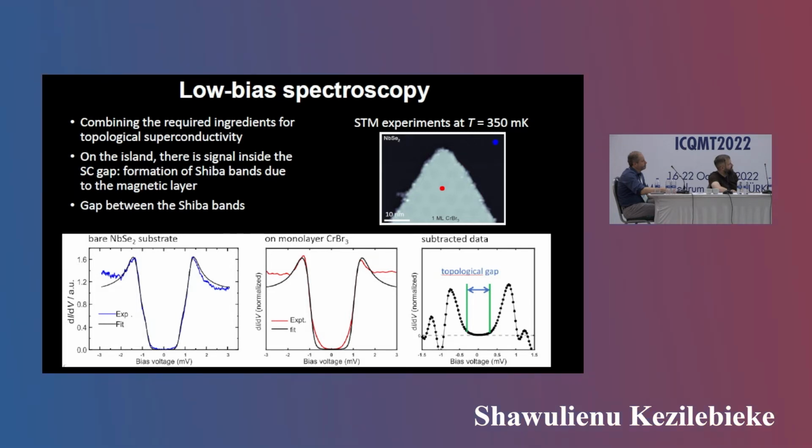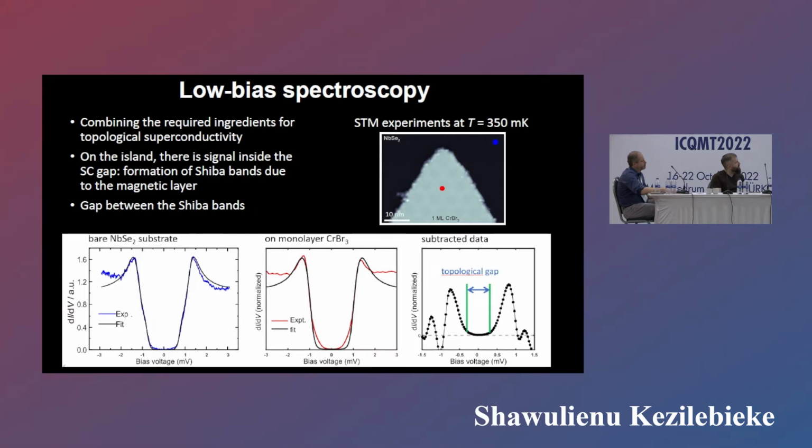These two spectra are similar. However, the spectrum through the chromium bromide has extra peaks inside the gap. To see this more clearly, I can subtract the background spectra, and then I get the third spectrum here.